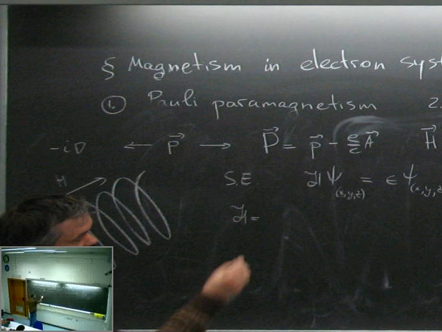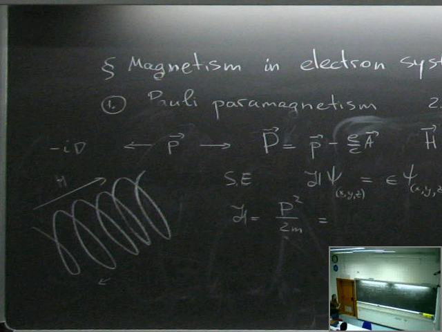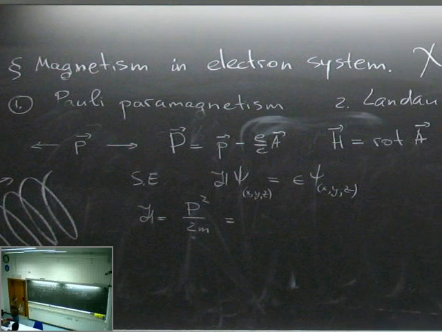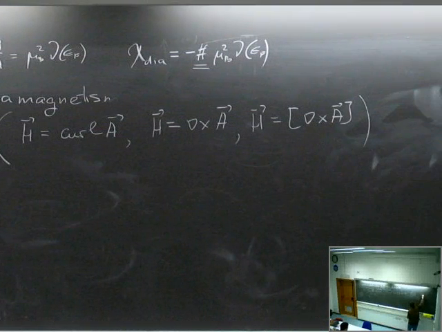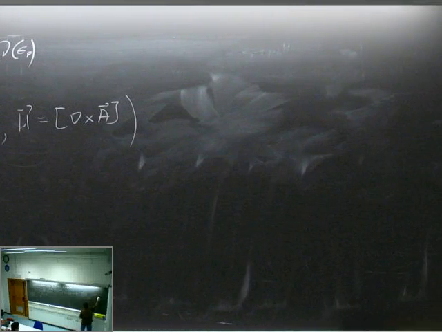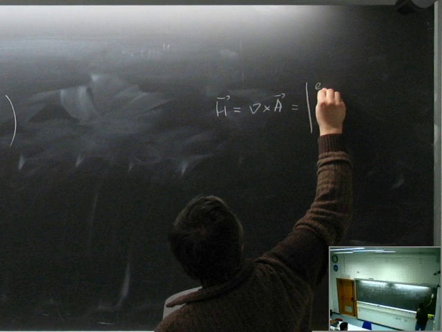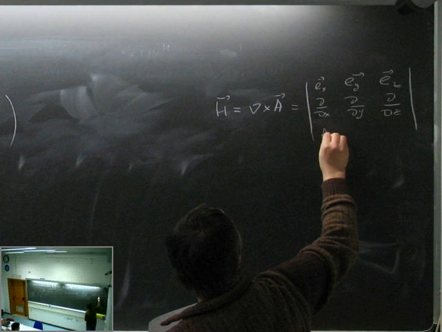But since I have a magnetic field in the system, let me use some specific gauge for the vector potential, for my convenience. So H is, as you know, nabla times A. This is the vector product: ort x, ort y, ort z, d over dx, d over dy, d over dz, and here ax, ay, az.